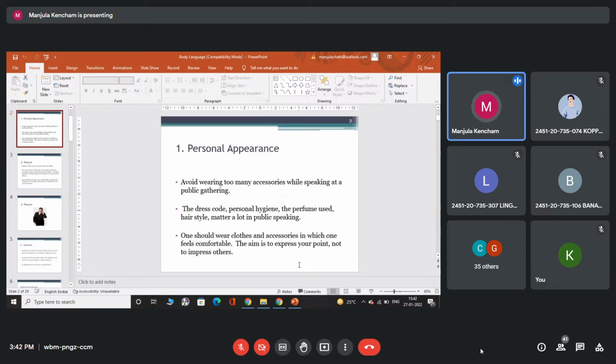Body language is a concomitant of your language, the verbal aspect. So whether you want it or not, without your sense you exude some kind of movement associated with the body. It could be a head nod, it could be the way you look at a person, eye contact.